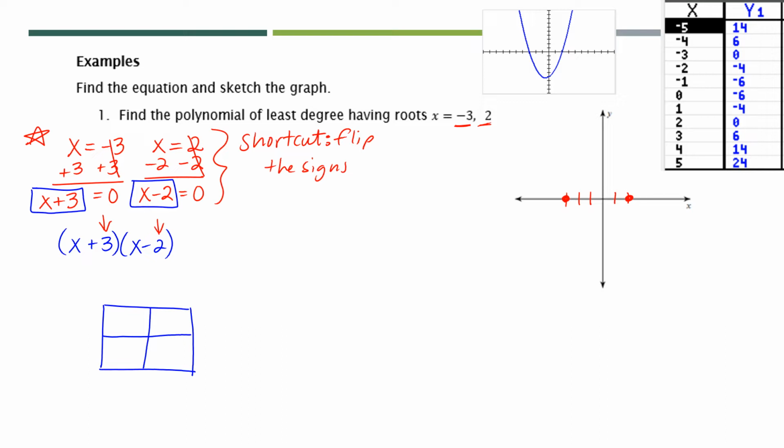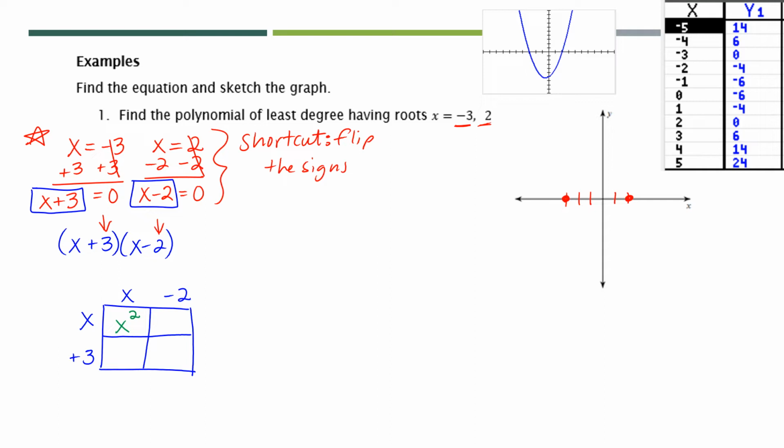And it doesn't matter which one goes where. I'm going to put the first one on the left side. So I have x plus 3 and then x minus 2. And now I'm going to multiply the things that meet to make the box. So for this first top left box, I'm going to be multiplying x times x, which is x squared.